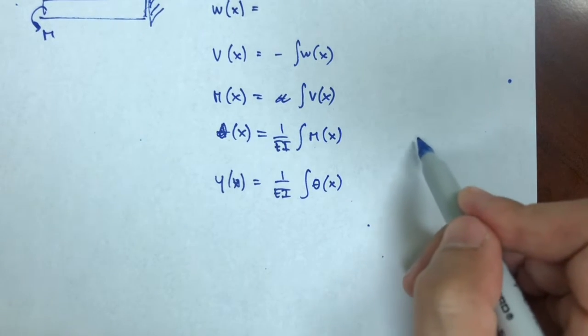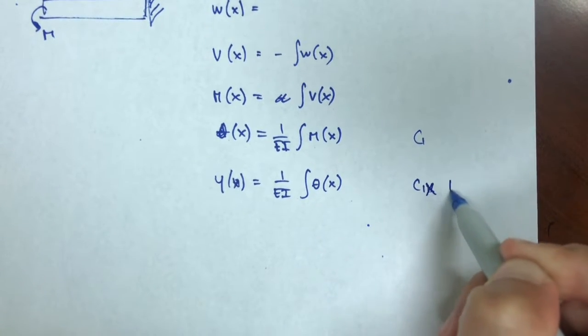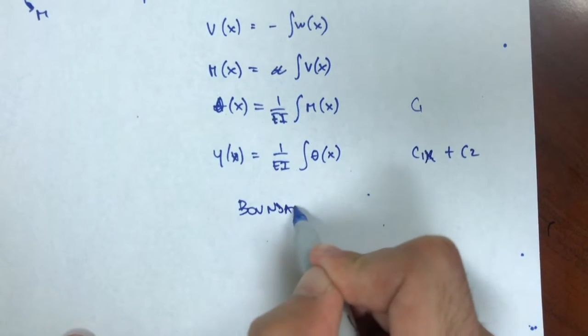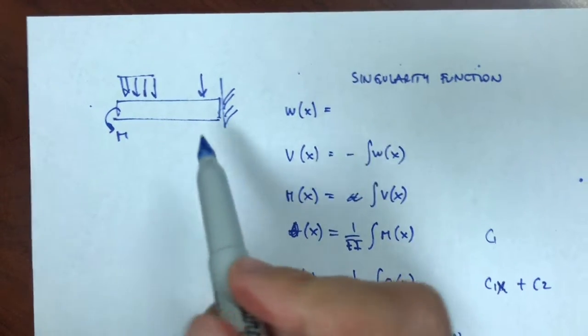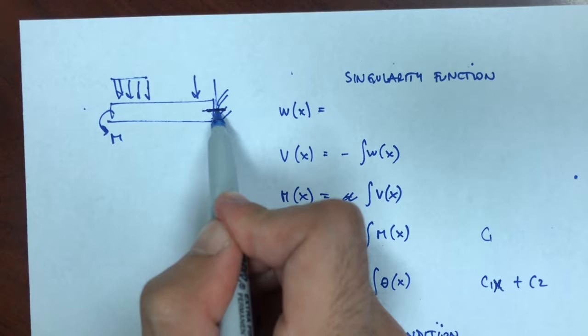And for those C1 and C2, in C1x plus C2, what we did was look at the boundary conditions. So I would know, for example, in this case, that the slope here at the wall would always be 0.